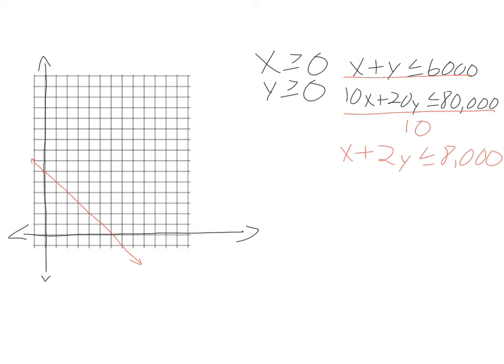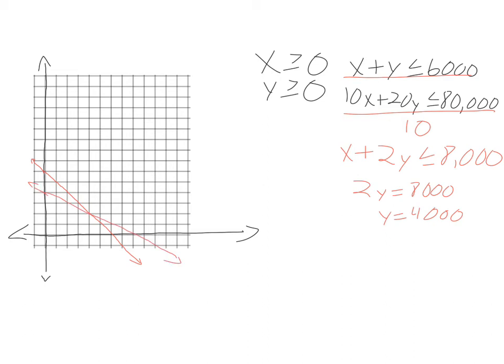So now we can do the same thing as we did before. The x-intercept in this case is going to be 8,000. If I make x 0, then I have 2y equals 8,000, which means that my y-intercept should be 4,000. So then I can graph those by connecting those two places, where x equals 8,000 and y equals 4,000.